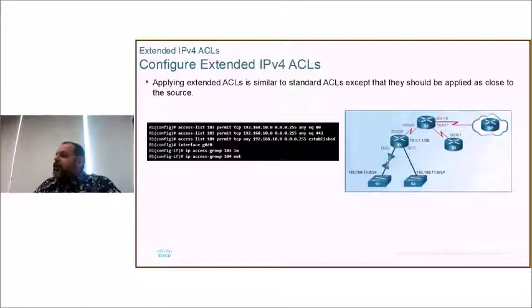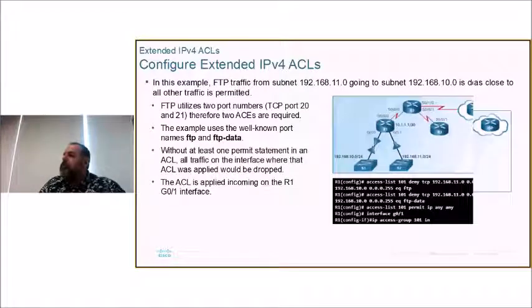Otherwise, you may as well just unplug it. It's a lot easier than writing an ACL. So you've really got to plan it. If you guys have done some programming, it's the same kind of thing, you've got to have a logical order. Of course, there's not a lot of iteration, but there is a lot of sequence.